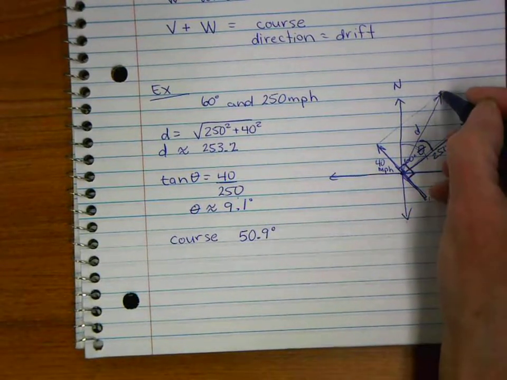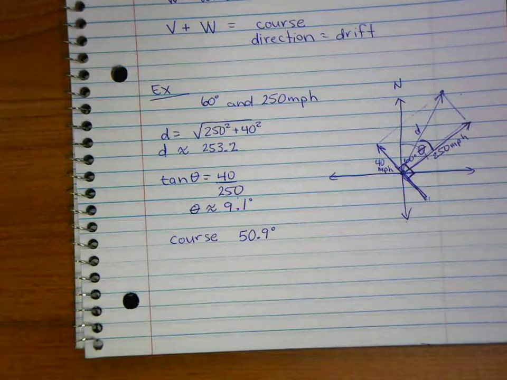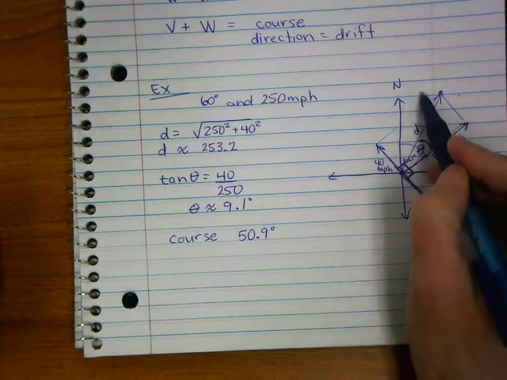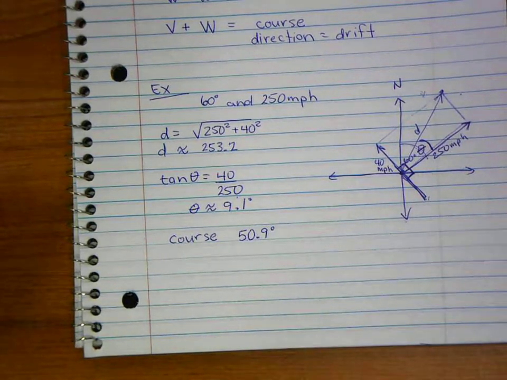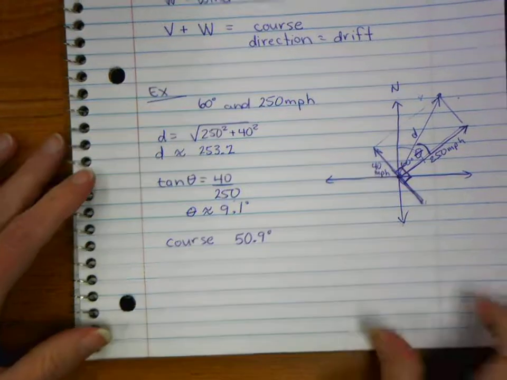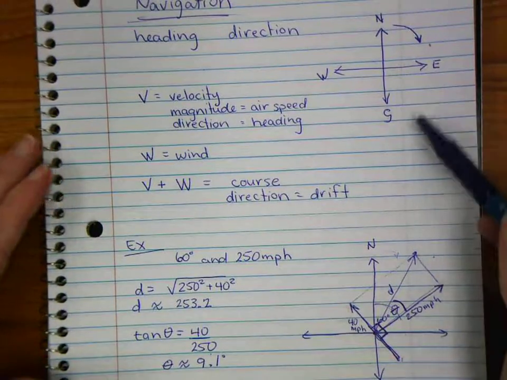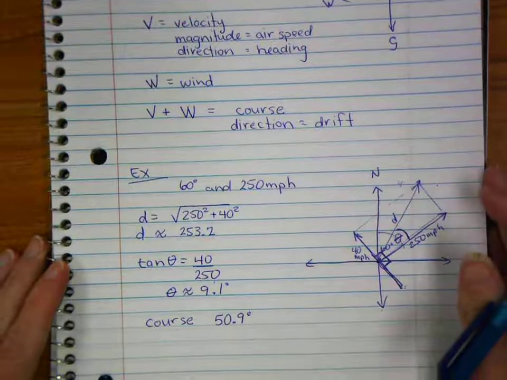My course, where I end up, is 50.9 degrees. Again, that's measuring from north, clockwise, all of our measurements. Okay, navigation. A little bit different because we're measuring from a different direction, but we'll give it a try.